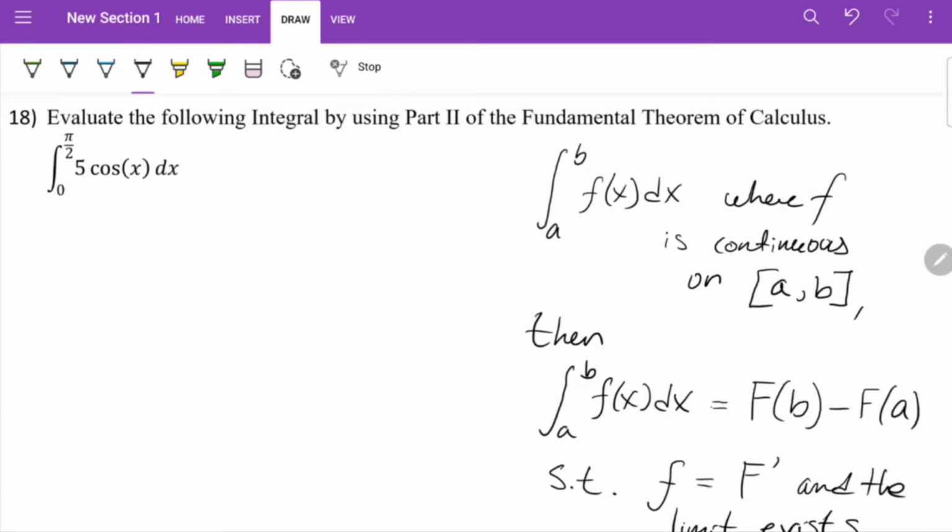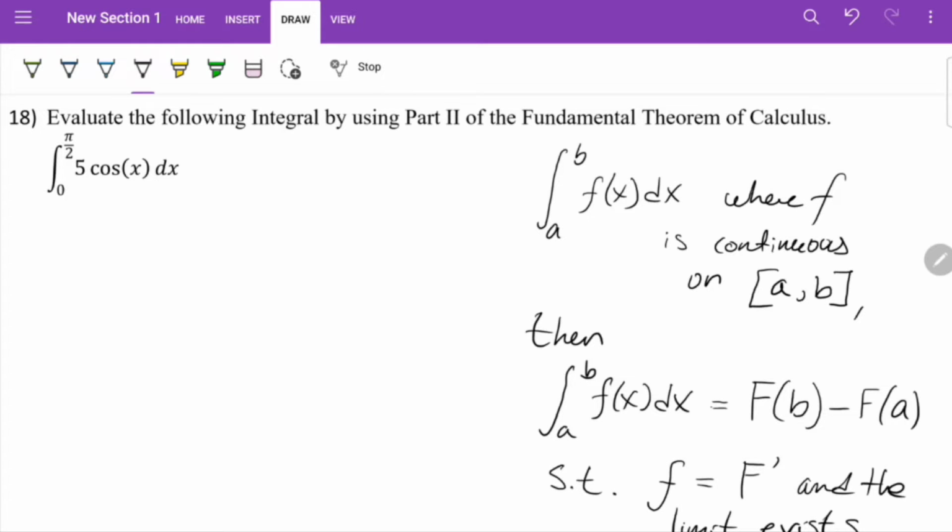That may seem like a lot, but the main thing is the integral means antiderivative. So I'm taking the antiderivative of this function between 0 and pi over 2 of 5 cosine of x dx.